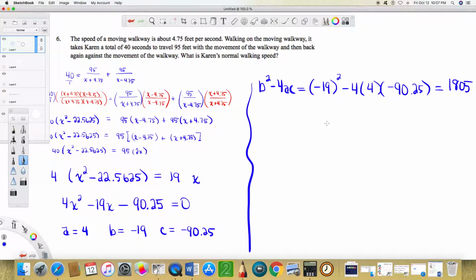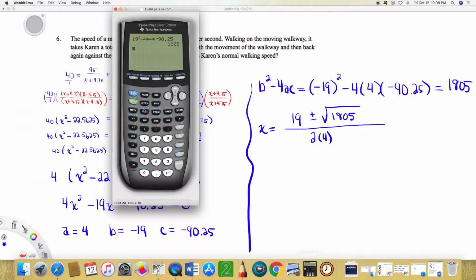Now, we're ready for our quadratic formula. The opposite of b is the opposite of negative 19, which is positive 19, plus or minus the square root of our discriminant divided by 2 times a. Now, let's look at what the square root of 1805 is. It's going to be bigger than 19. So 19 minus that doesn't make sense, since Karen's walking speed can't be negative.